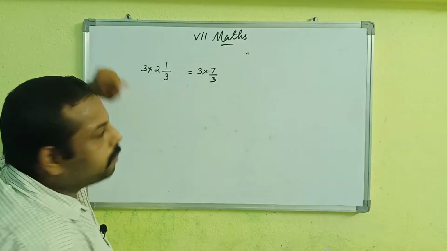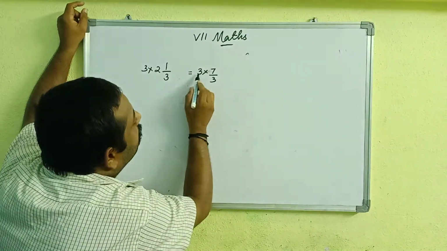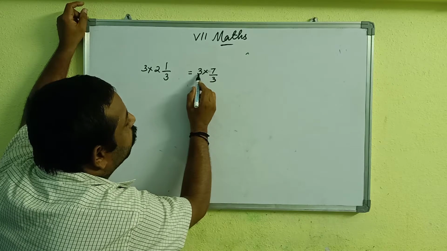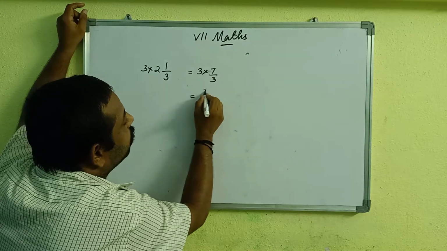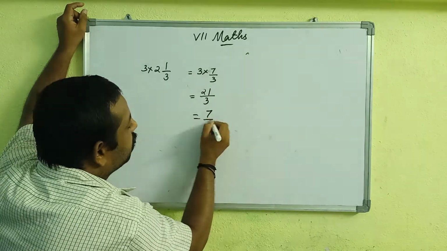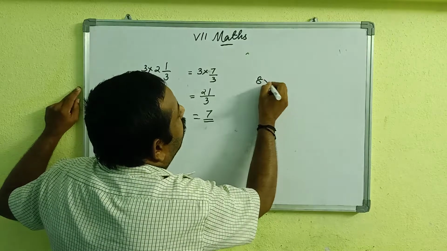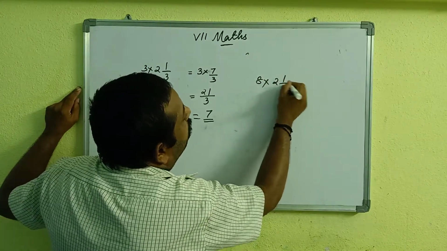Improper fraction is 7 by 3. If you want, you can cancel these 3, but what is the method? Multiply the numerators, whole number by numerator, 3 7s are 21 by this 3. You know, 21 by 3 is nothing but 7. 7 3s are 21. Another example, 8 multiplied by 2 1 by 5.